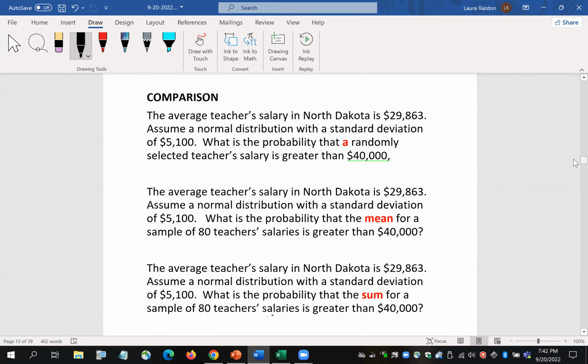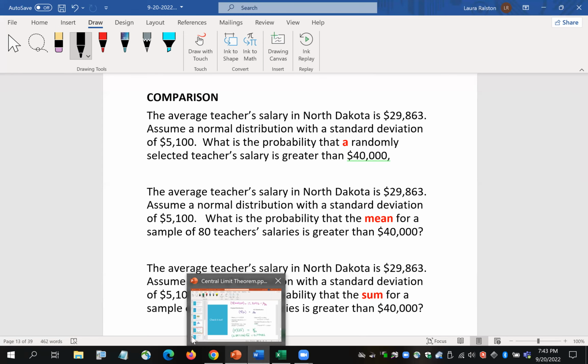You're going to have to be able to distinguish when you use just a straight normal distribution, when you use the central limit theorem for the mean, and when you use the central limit theorem for the sum.